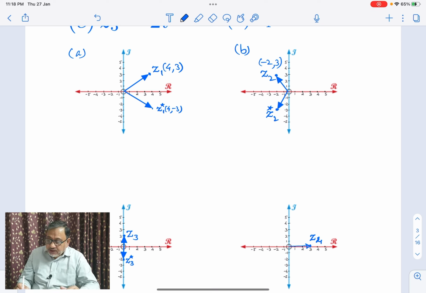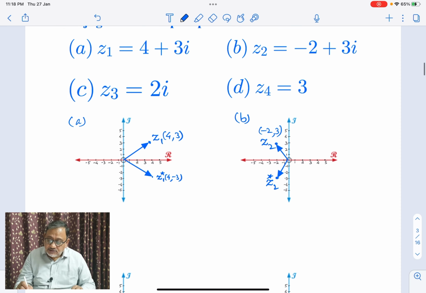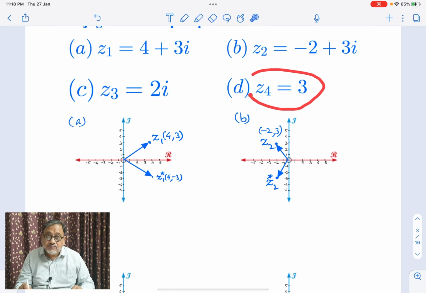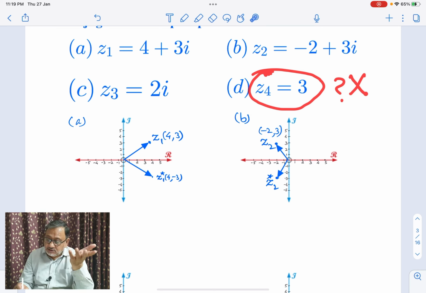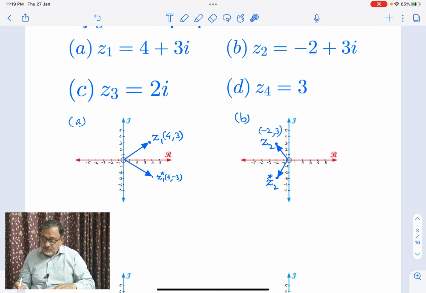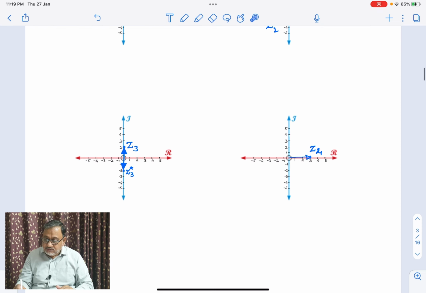Okay. Now the conjugate of Z4. Can anyone guess what will be the conjugate of this? So remember that we only change the sign of the imaginary part. We don't change the sign of the real part. So this will not have a conjugate, okay, because it is only the real part. So there will be no conjugate, only this will be the complex number.